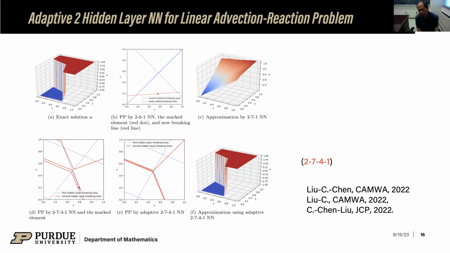For that, we wrote a couple of papers about how to adaptively construct the smallest architecture to approximate the functions or solve the problems. For this problem, using an adaptive neural network method, we can produce a 7 and 4. We have a strategy for doing that. This is an automatic approach. We produce a very small network that can produce a very good approximation.